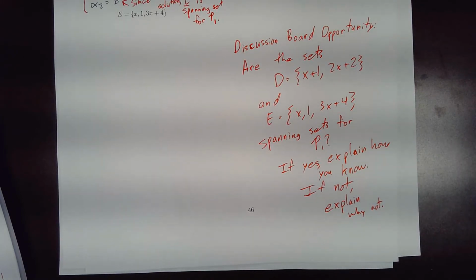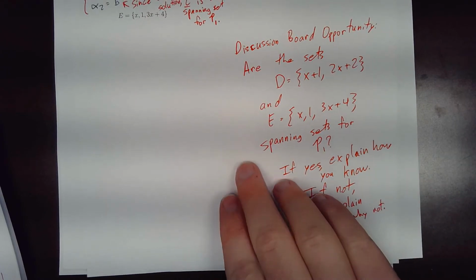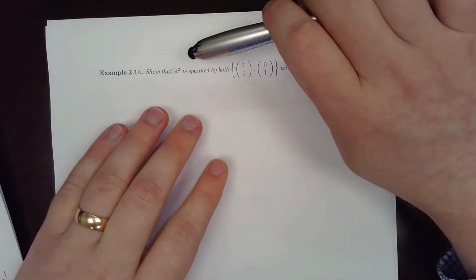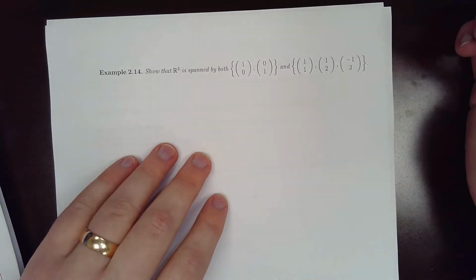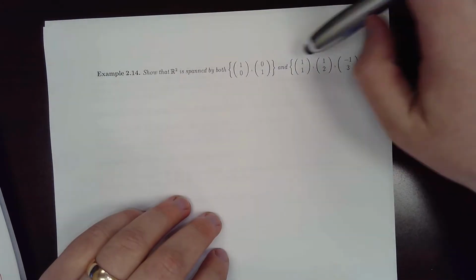All right, so we've seen some examples of determining whether or not some things are spanning sets. Let's see a little bit more. That was for polynomials. So let's say we wanted to show that R2 is spanned by both of these sets.